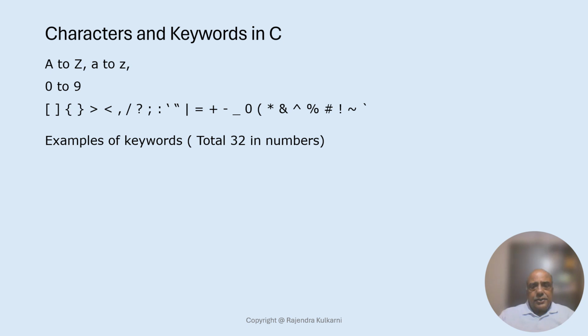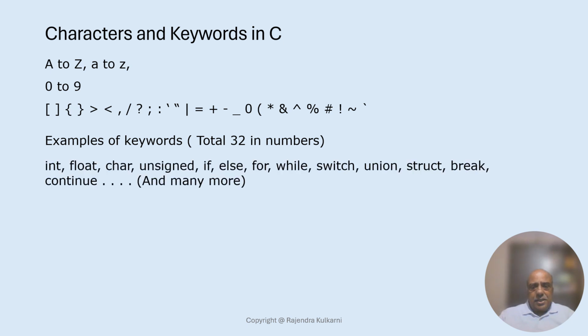There are a total of 32 keywords in C. Some of the examples are int, float, char, unsigned, if, else, for, and so on. All these keywords are listed in the help file of the compiler or IDE you are using.